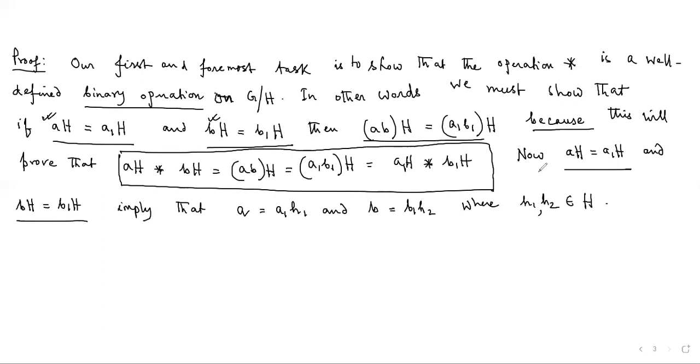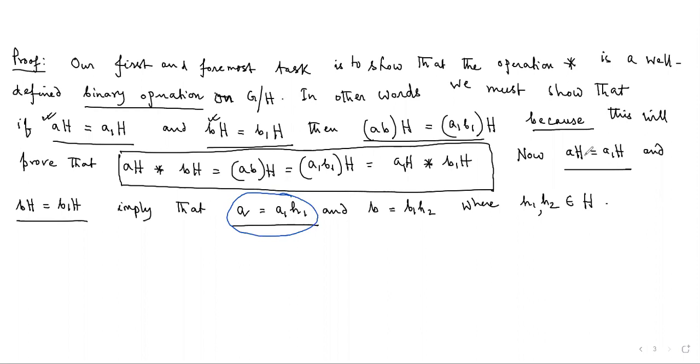Isn't it? So the element A, which is an element of the group, constructs the left coset AH, and this left coset is equal to the left coset constructed by the element A1. Now in AH, you will find an element like small a. Carefully observe, probably you are missing this term. AH and A1H are the same.